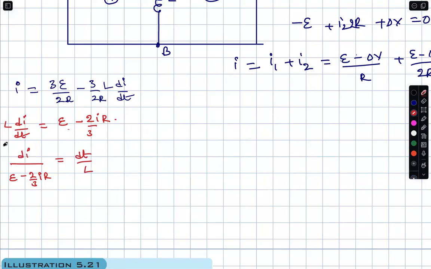And do the integration properly. What are your limits? At t is equal to 0, we know the current is 0.